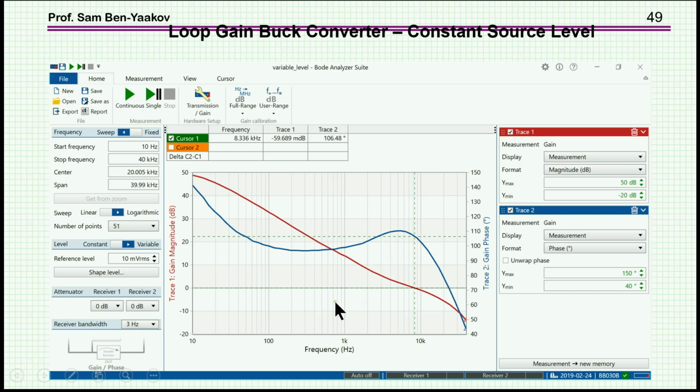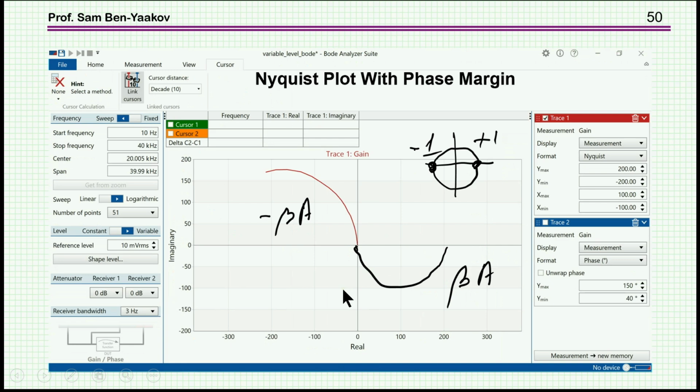What you can ask the analyzer to do is to give you a Nyquist plot. Now this Nyquist plot is very raw. The resolution here is not that good, just to show the very basic features. What we see here is what the analyzer gives us. Now they are looking at minus beta A, or minus loop gain. I am used to looking at loop gain as a positive number at 0 frequency.